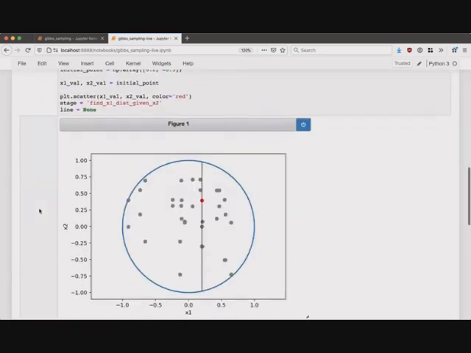If I go over here, I'm fixing this particular value of x1, maybe like 0.2-ish. It's on this vertical line. I'm fixing this and saying, what are the possible values of x2? Well, it's from here to here.